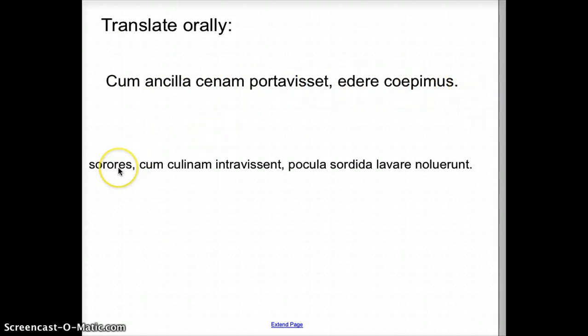And this next one, sorores cum culinam intravissent, pocula sordida lavare noluerunt. The sisters, when they had entered the kitchen, did not want to wash the dirty dishes. All right, so you can see the formation of the pluperfect subjunctive here. It's your perfect stem, portav, plus isse, plus t. Here, intrav, isse, nt.